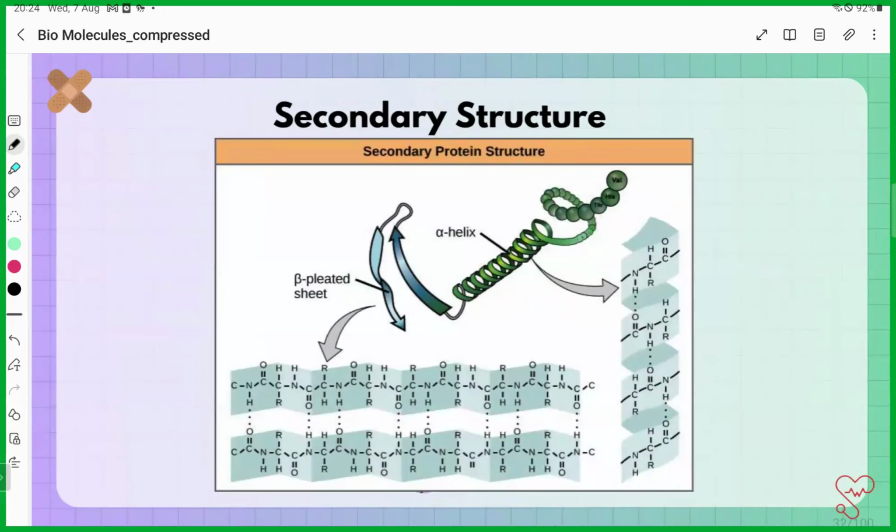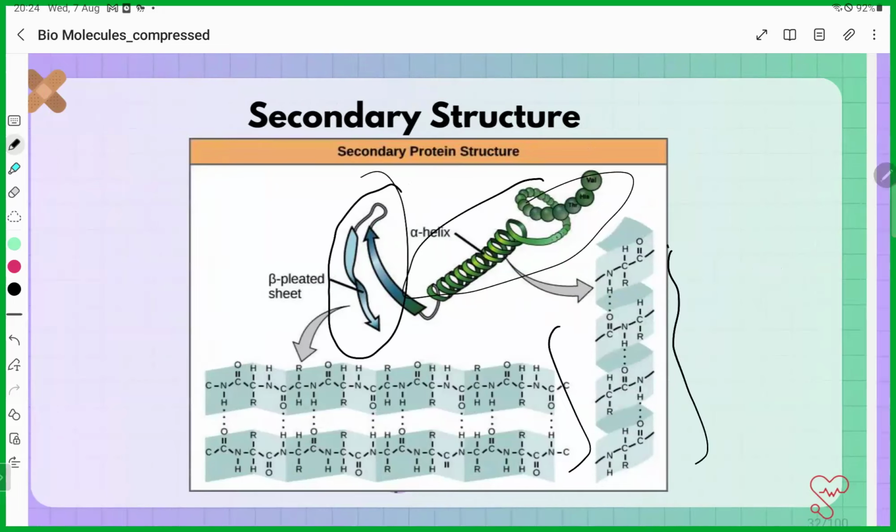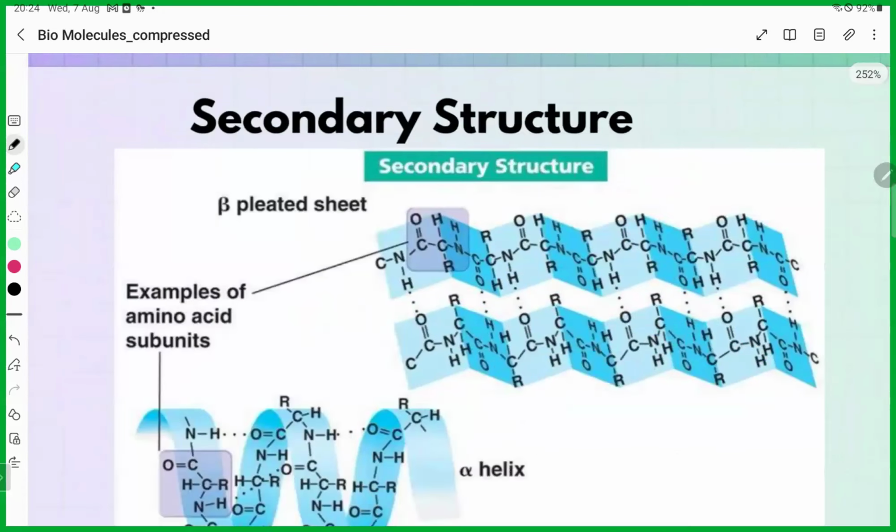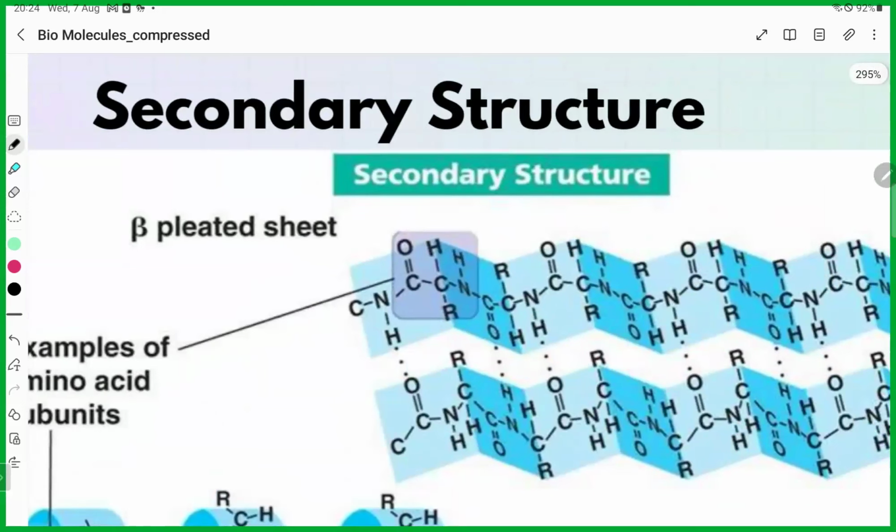This is how they look. This is the beta pleated sheet, and here the alpha helix. You don't have to know the structure. This is unimportant. Beta pleated sheet, examples of amino acids inside them. So here you might see the NH, the amino group. You might see the other group. Here is the peptide bond.